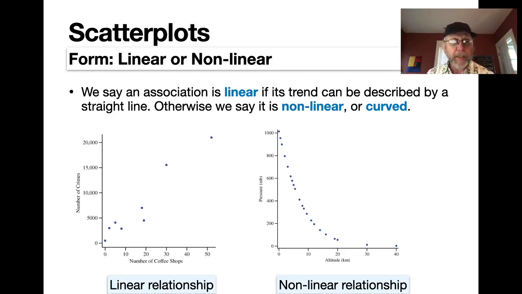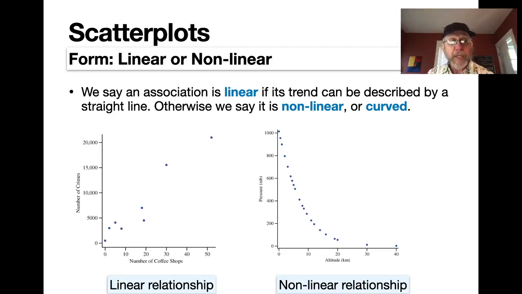The real explanation is probably that larger cities have both more coffee shops and more crime. So the relationship we see here is certainly real, but we wouldn't want to jump to the conclusion that it's a cause and effect relationship. But it is a positive linear relationship that's pretty strong.